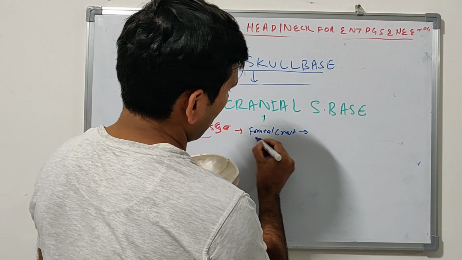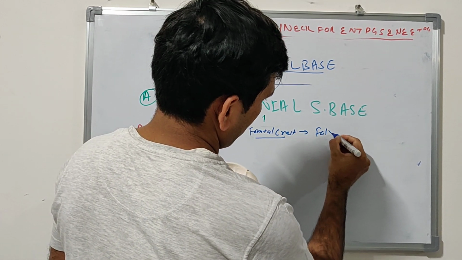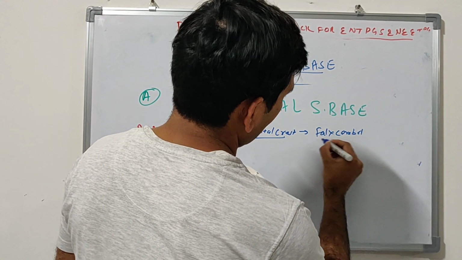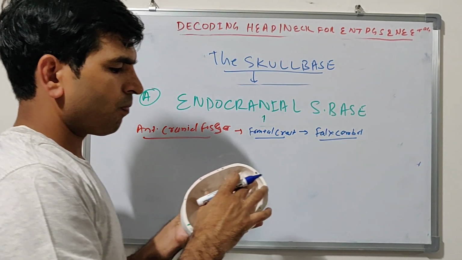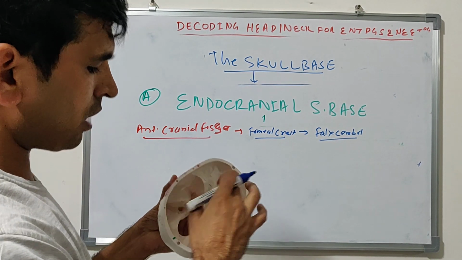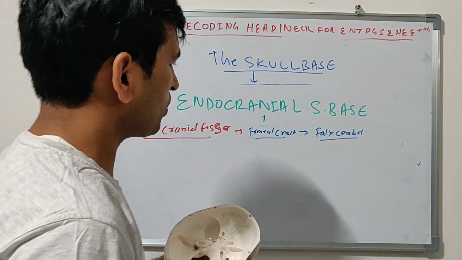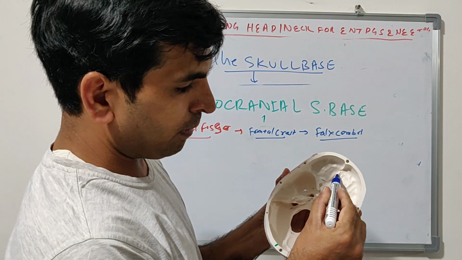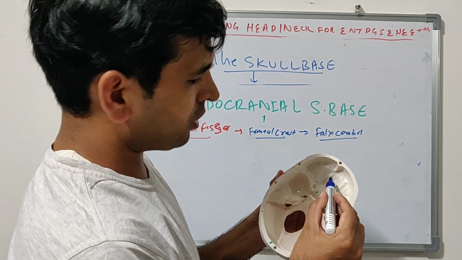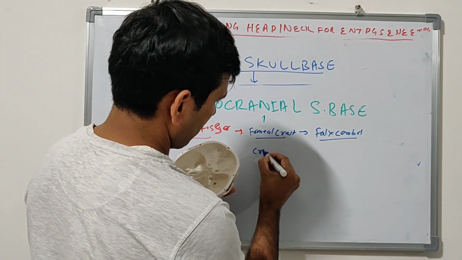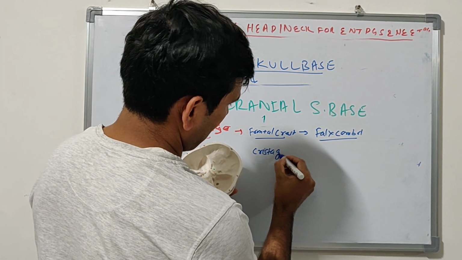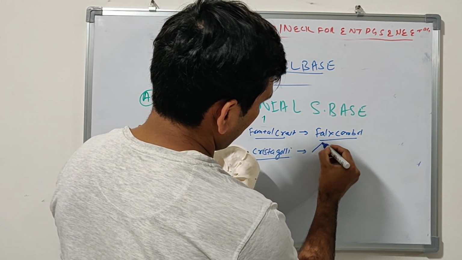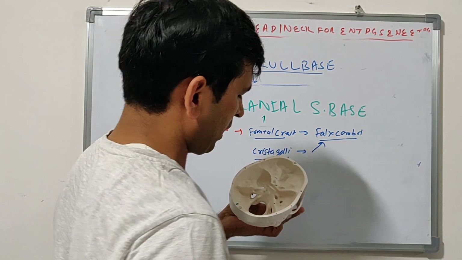This gives origin to the falx cerebri, the dural extension which extends from the anterior falx cerebri to the internal occipital protuberance. In between is an elevated triangular bone called the crista galli. The crista galli is part of the ethmoid bone and also gives origin to the falx cerebri.